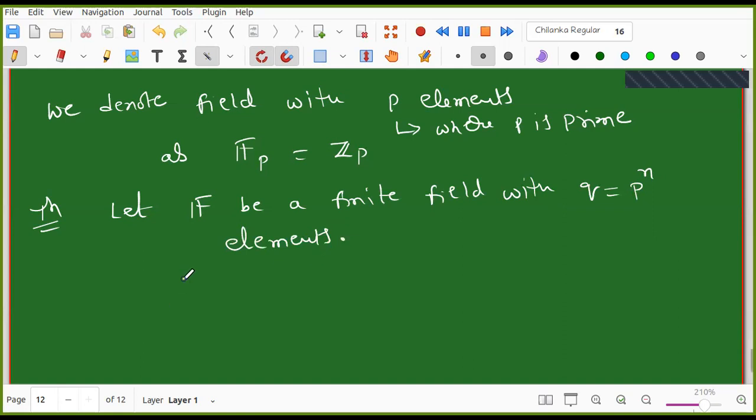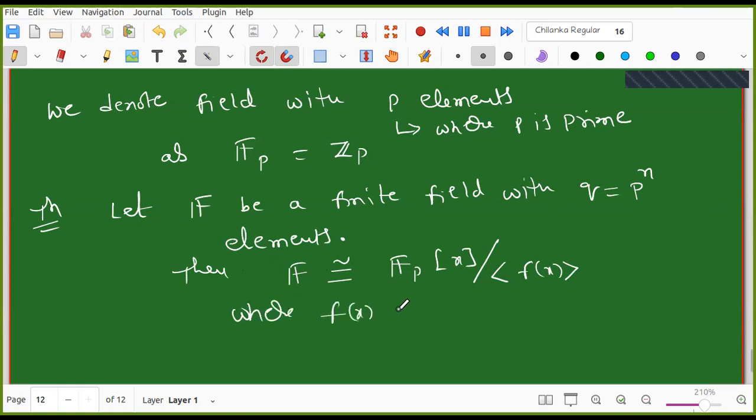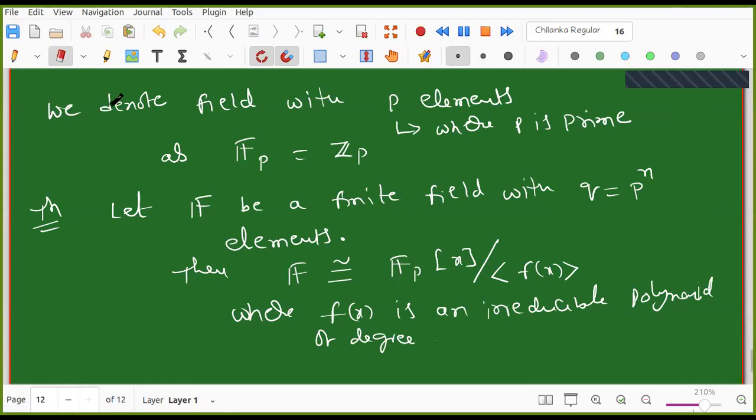Then F is isomorphic to F_p[x]/(f(x)), where f(x) is an irreducible polynomial of degree n over F_p.